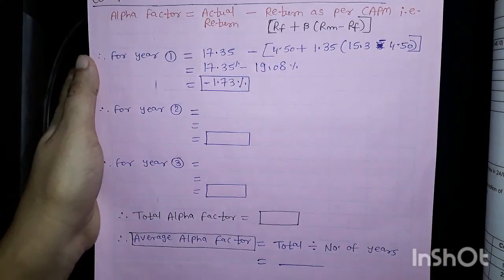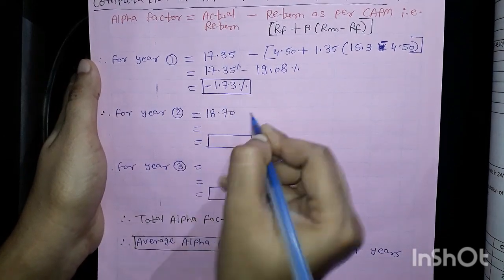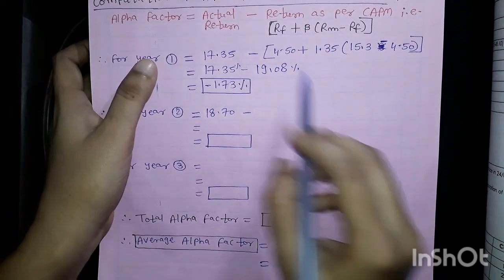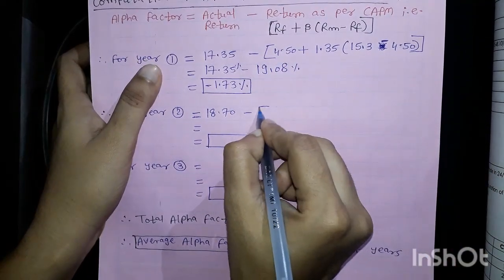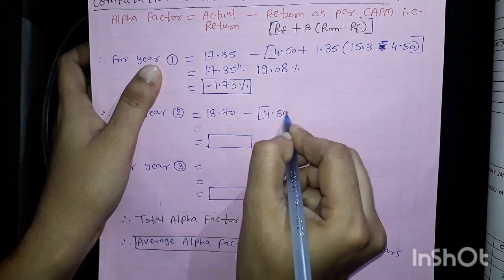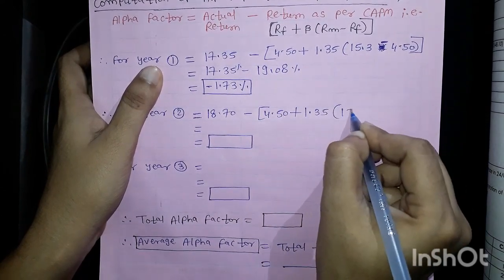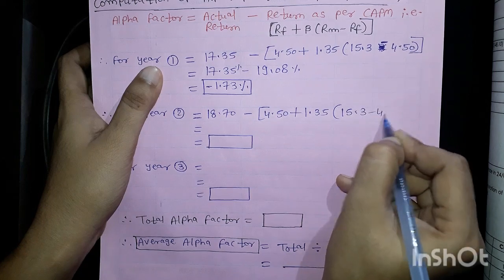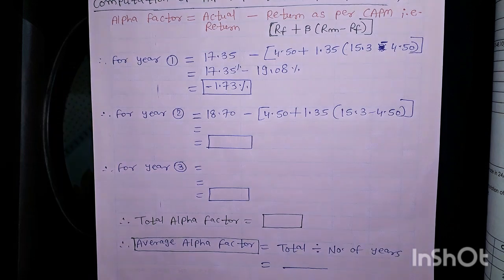Now next year, in the second year my return percentage is 18.70 minus, and this data will remain the same, so directly I am copying here: RF is 4.50 plus beta 1.35, RM minus RF. I will not calculate it again because I will get the same value.